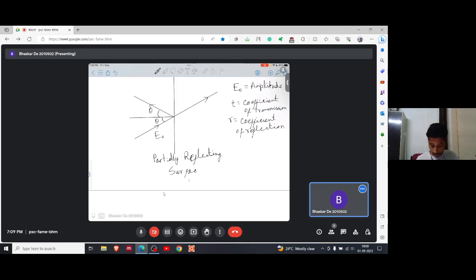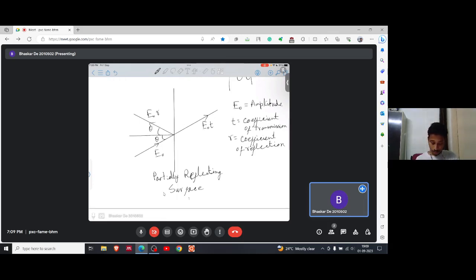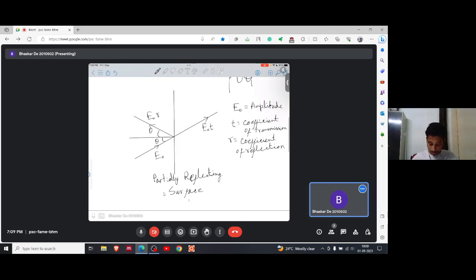The transmitted beam will have amplitude E naught t, and the reflected beam will have amplitude E naught r. So basically, E naught equals E naught t plus E naught r.